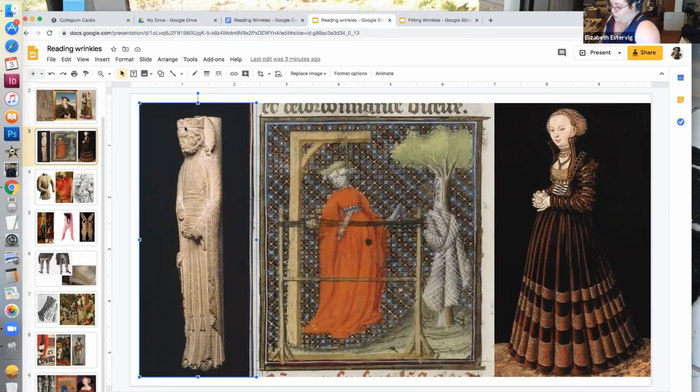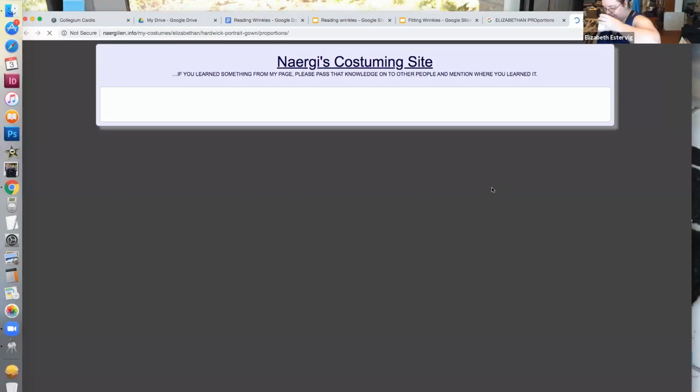So whether you have 4 legs or 3.5 or 3 legs, the length of your legs can vary greatly, especially if you're looking at a statue or a figure that's supposed to be drawn in such a way that you are looking up at them, right? So basically any fashion figure drawings are going to be 9 heads high, as opposed to character drawings or realistic measurements, right? And I'll put this link into the handout too.